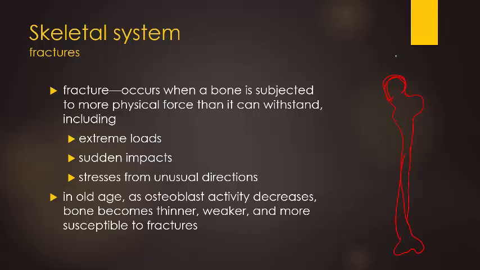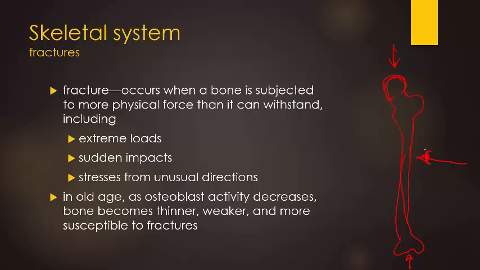So it is used to getting loads that come in this direction, as if you were jumping up and down on the femur. But if somebody were to apply a good karate kick to the femur from this direction, then that would be a stress coming from an unusual direction.